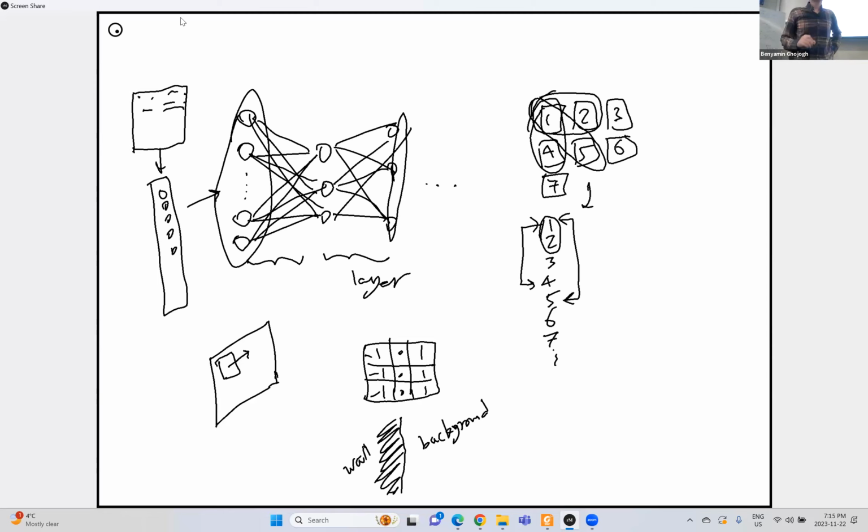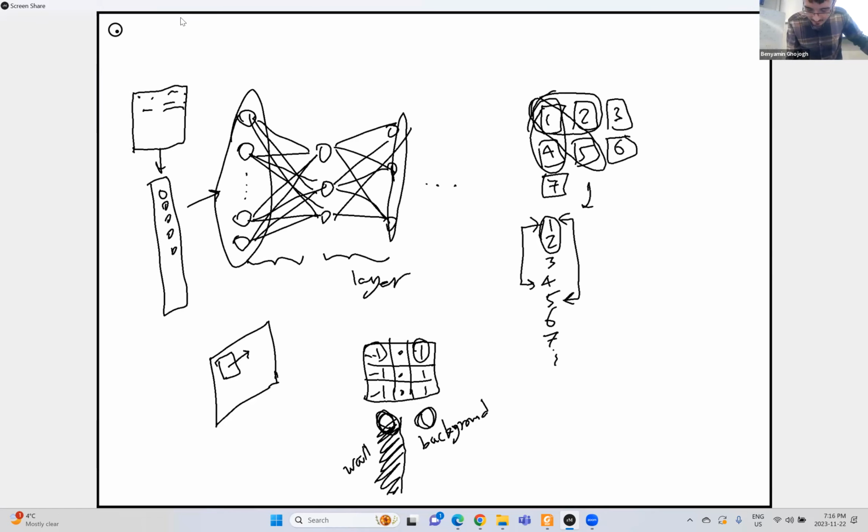Then what happens? If this filter comes on this edge, what happens? The value of the filter becomes large. Why? Because -1 times a small value, a small intensity, plus 1 times a large intensity, brightness, becomes large, right?